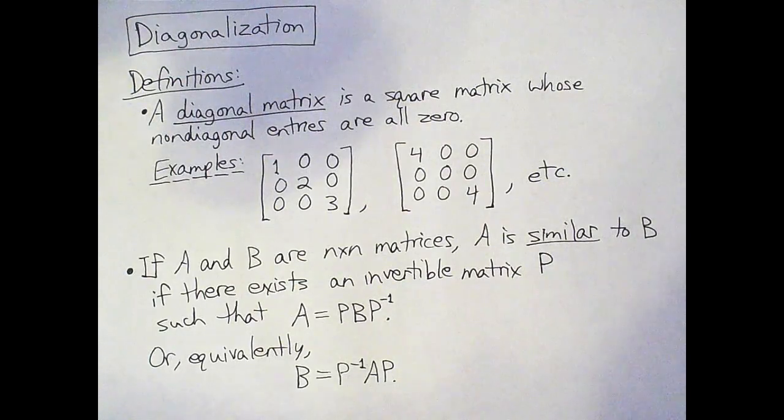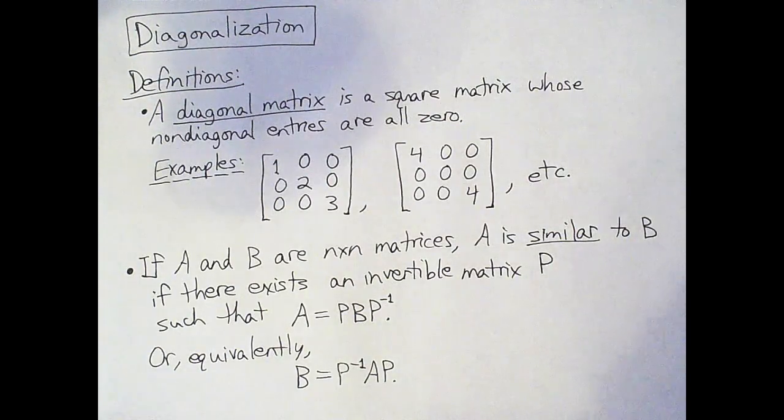So I just want to address here before we move on that similar, this is a new concept for us, and it's not the same as saying that two matrices are equal. If you say two matrices are equal to each other, they have to have all the same entries in all the same positions. This is also not the same as saying that two matrices are row equivalent.